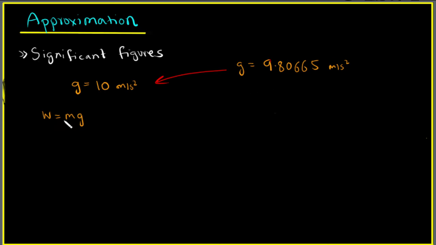Because a small deviation in the calculation of weight matters. For example, you can use the value of 10 instead of 9.80665, and you will get a different result. You would actually get a greater result if you use the value of 10, and the reason for that is because 10 is greater than this value, right?